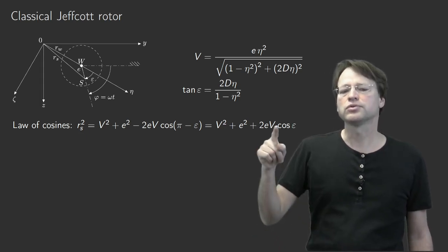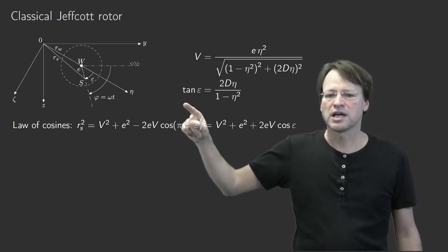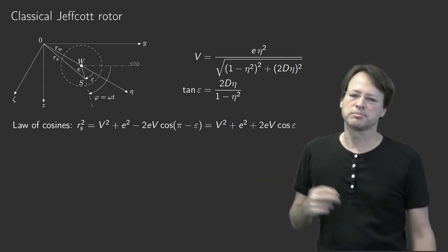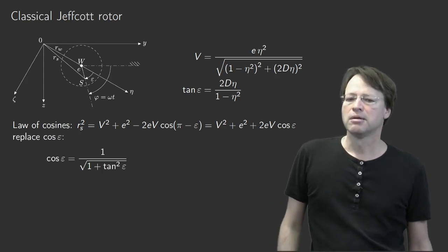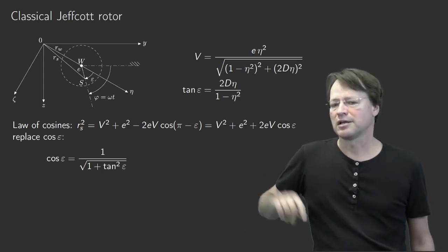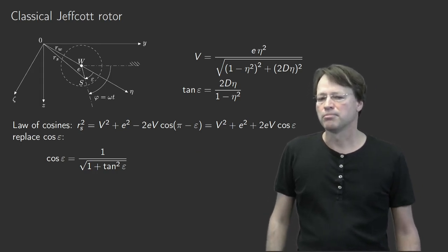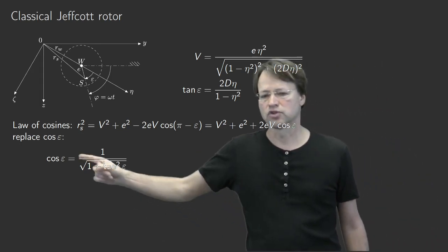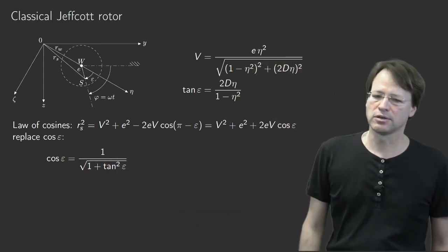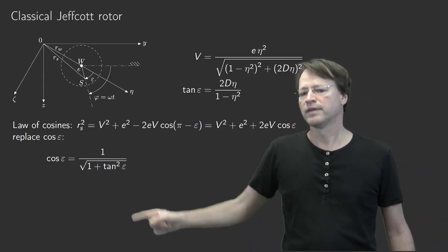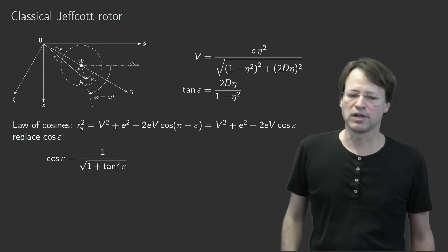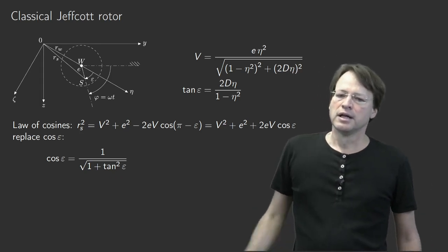It contains the cosine of epsilon. We know the tangent of epsilon. The tangent of epsilon can be related to the cosine of epsilon by applying the classical trigonometric Pythagoras and then solving for the cosine of epsilon. Then you get 1 divided by 1 plus tangent squared of epsilon, and you take the square root of that expression.